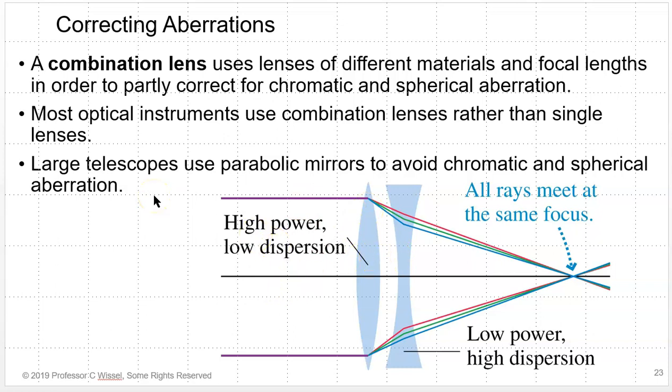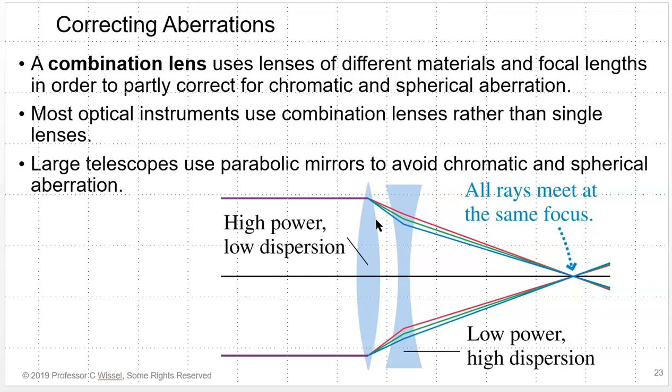Lenses can suffer from both chromatic and spherical aberration because lenses are refractors. The way to avoid, or at least partially avoid, chromatic and spherical aberration on the lens is to use a compound lens made up of different materials. You pick the materials such that the wavelength dependence of the index of refraction of one material compensates for the wavelength dependence of the index of refraction of the other material.